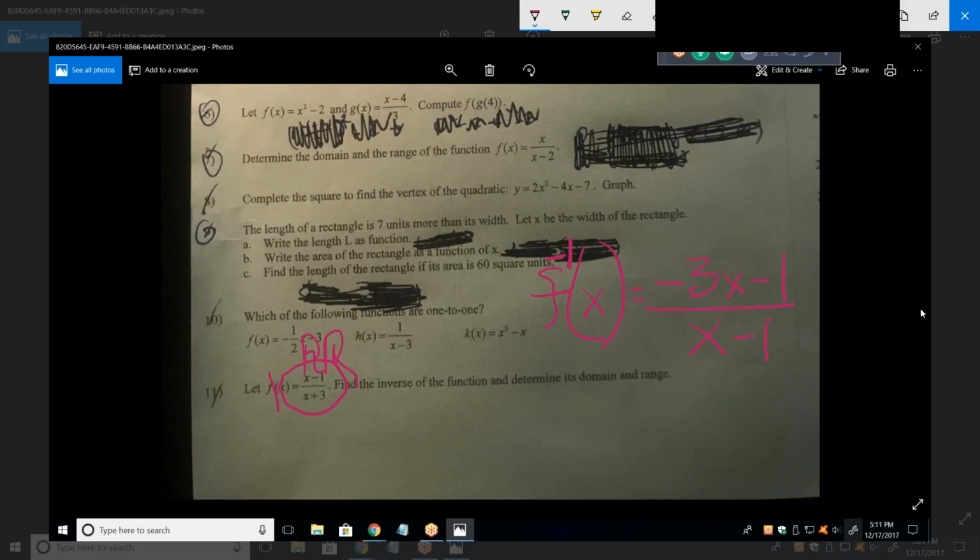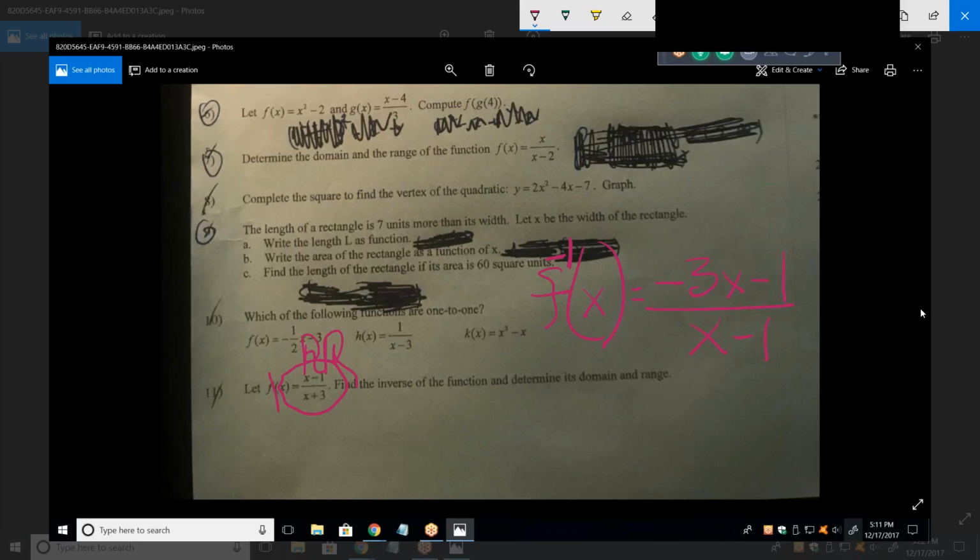Now, what's the horizontal asymptote? So it's the -3x divided by 1, right? No. First of all, when you're talking horizontal asymptotes, you have to examine which variable is the highest degree in the numerator. It's x.